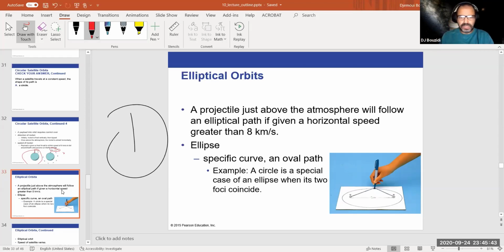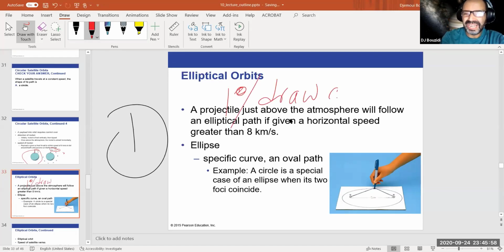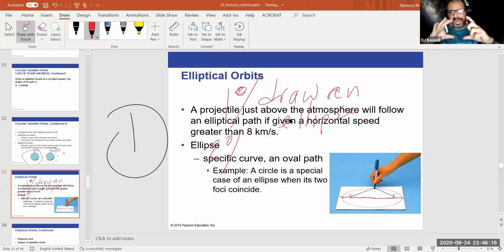So the task is number 1. There are several components to it. Hold on, okay? Number one, draw an ellipse. Number two, measure this distance from where it's bulgiest, where it extends the furthest.